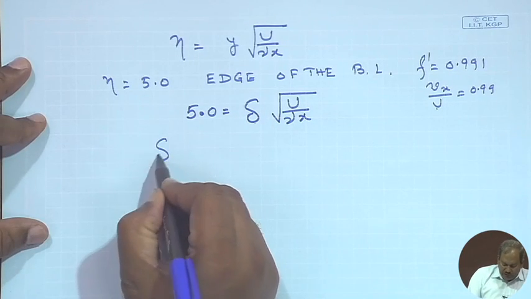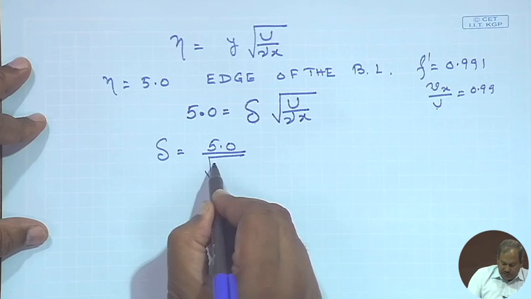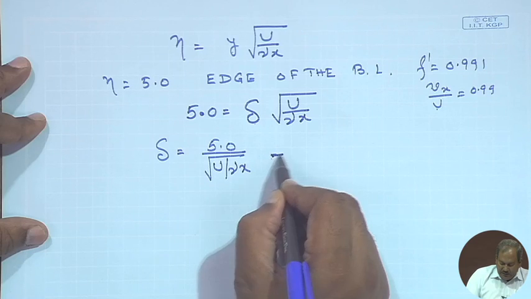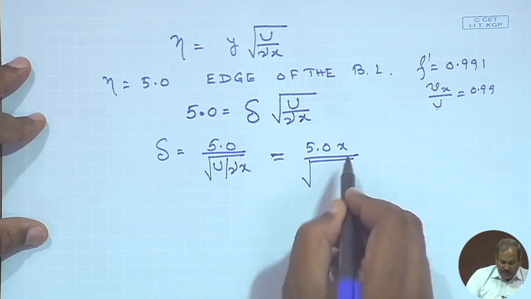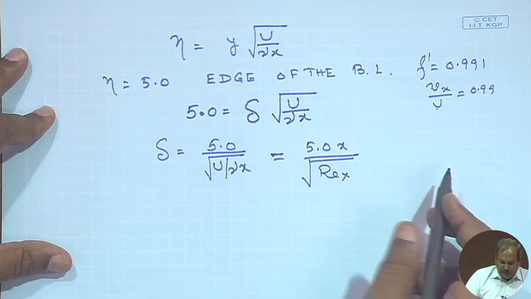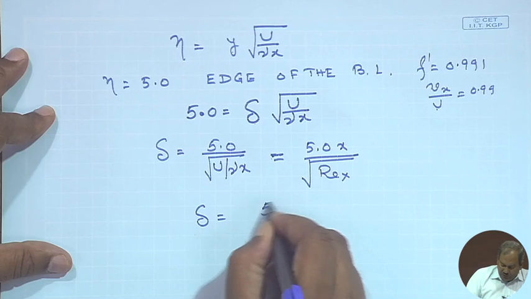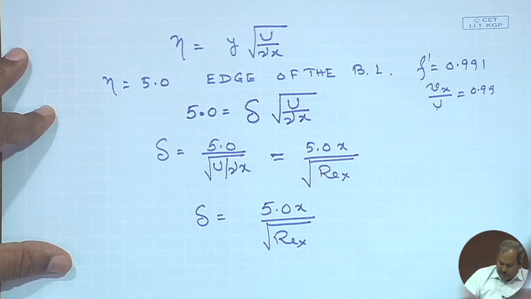So, you have an expression for delta from here as 5.0 times root over nu x by u, which can be slightly modified. This is Rex, it is just a reorganization of the terms and nothing else. So, what you get is delta equal to 5 x by root over Rex.